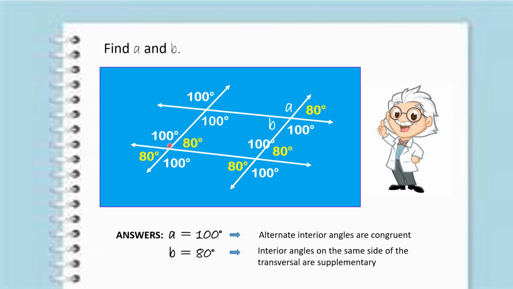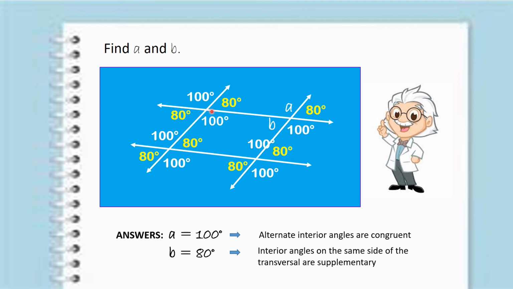This angle here and here are vertical angles, or they are a linear pair with this 100 degrees angle. And you know that this 80 degrees angle here and this angle here are alternate interior angles with reference to this transversal.